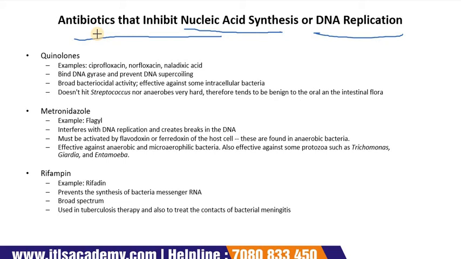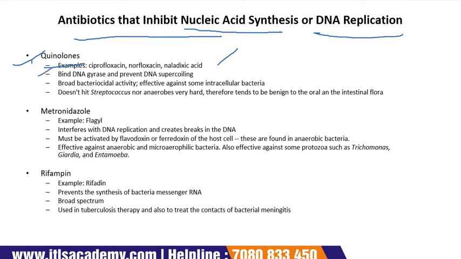So the following is a list of some common antimicrobial chemotherapeutic agents, listed by both generic and brand name and arranged by their mode of action. Here the first one is the quinolones, for example ciprofloxacin, norfloxacin, and nalidixic acid.